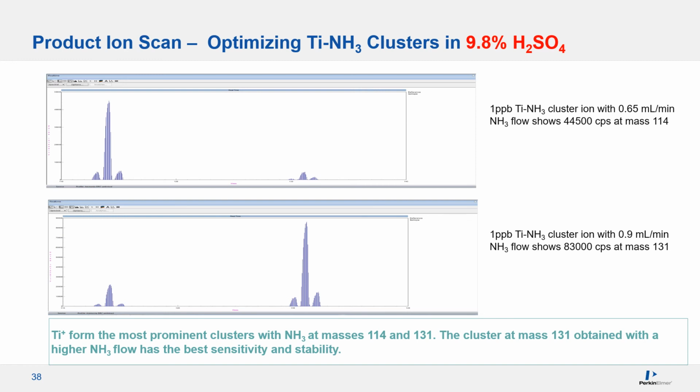However, when the ammonia flow was increased to 0.9 milliliters per minute, the situation has changed, and now the highest peak and the best sensitivity is at mass 131, as shown on the bottom scan here. This demonstrates that by using both pure ammonia and a slightly higher flow, we can also control which clusters form inside the cell.